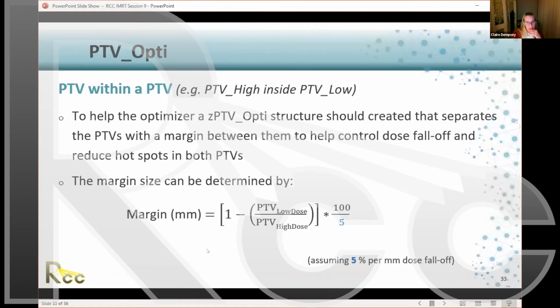And there's a formula here that you can use to determine what size margin you should use based on the different doses that you're looking at within your PTVs and also the average dose fall off that you're expecting to see around your PTVs. So we tend to start with 5% rather than the 10% option in these cases.